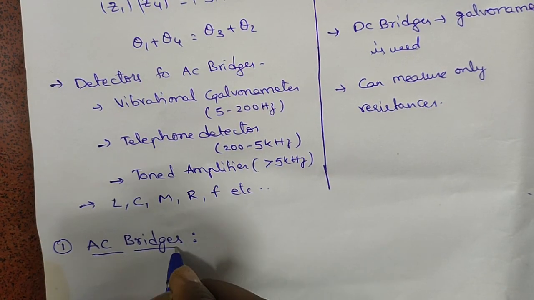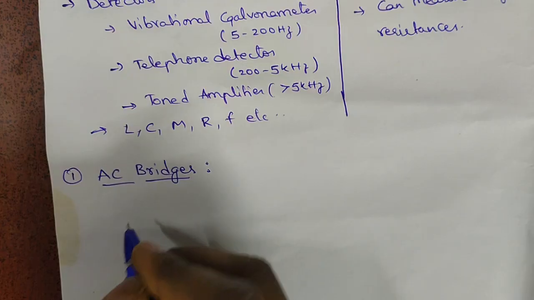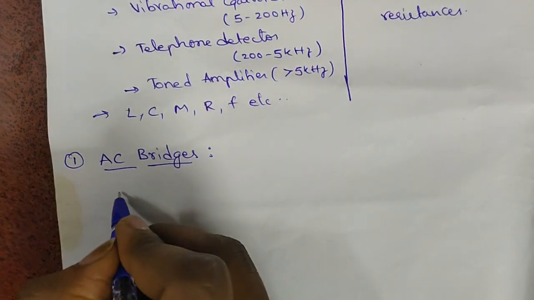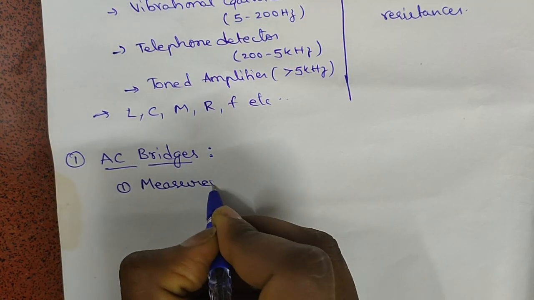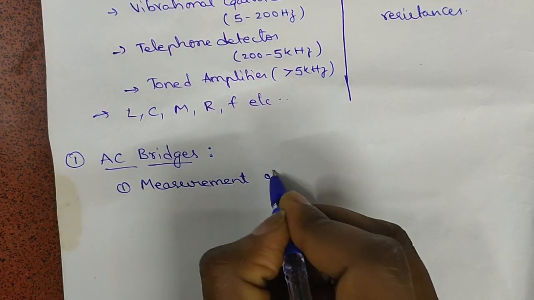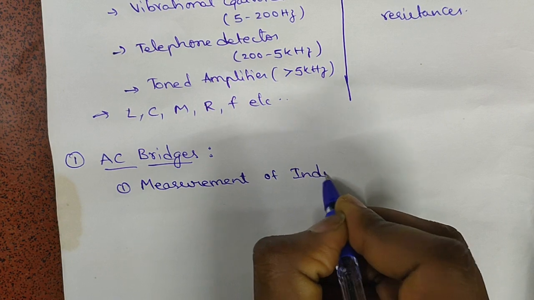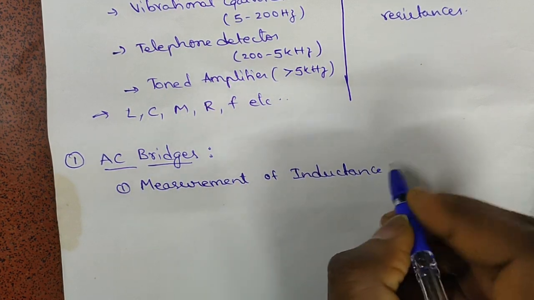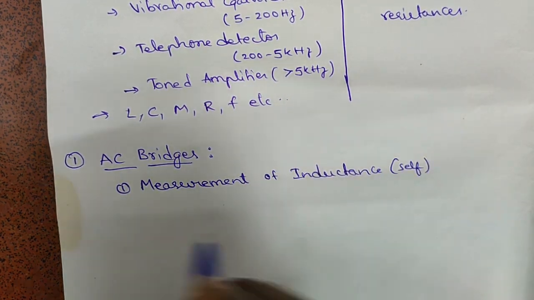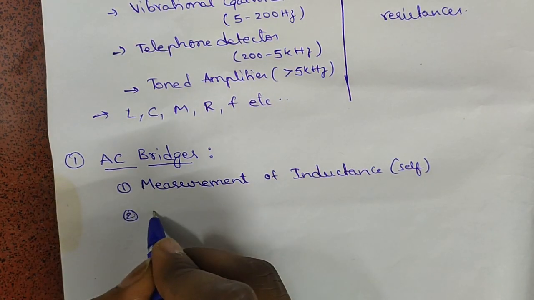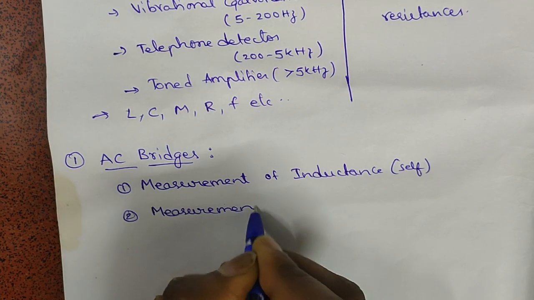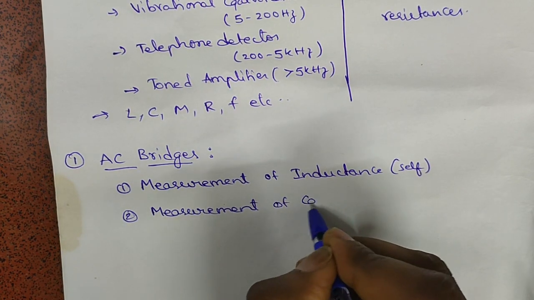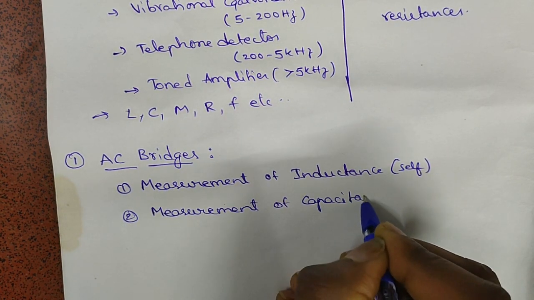In AC bridges, we are going to discuss first the measurement of inductance. It's a self-inductance. And next we will be going to learn about measurement of capacitance.